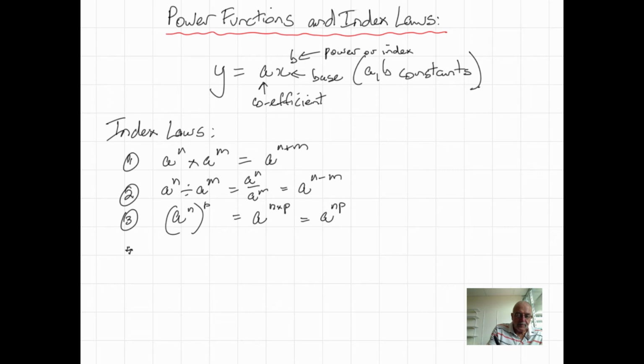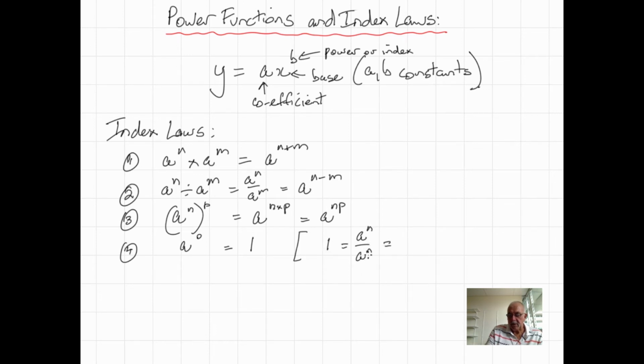Number 4, anything raised to the power of 0 is equal to 1. If you recall, if you had a to the n over a to the n, now from your knowledge of fractions, anything divided by itself is equal to 1.